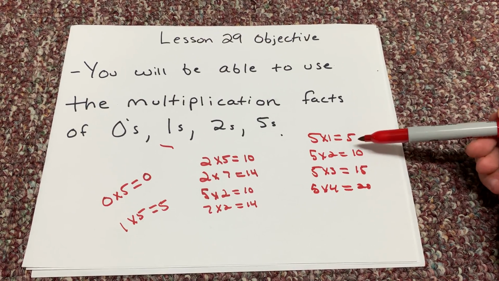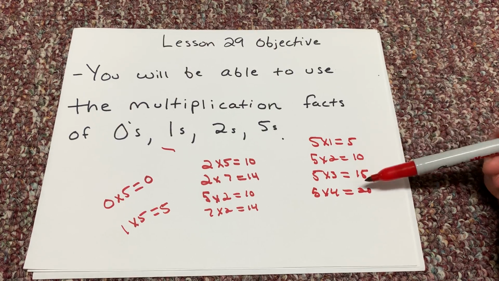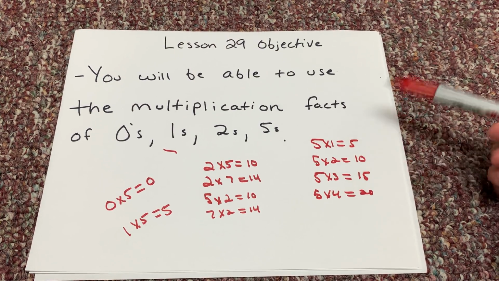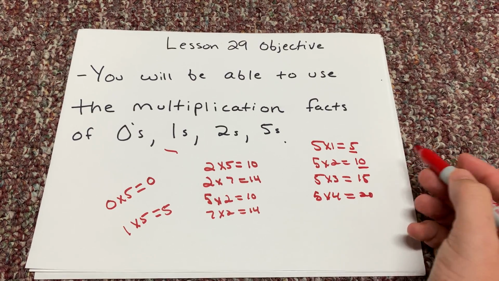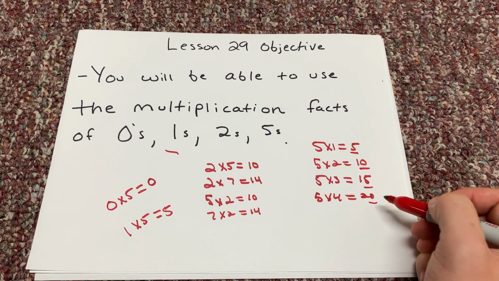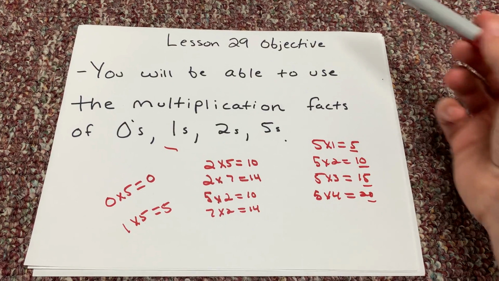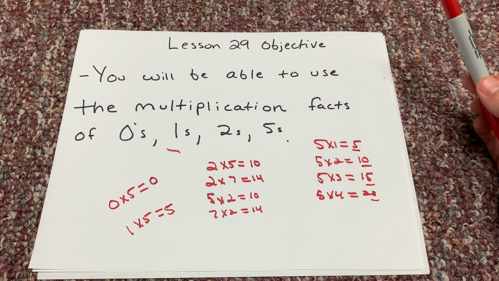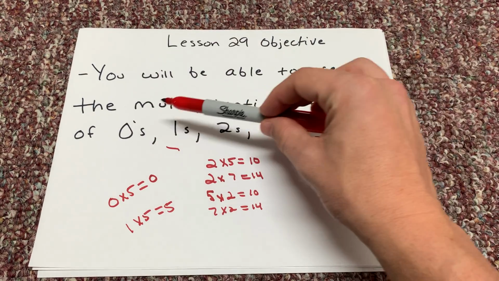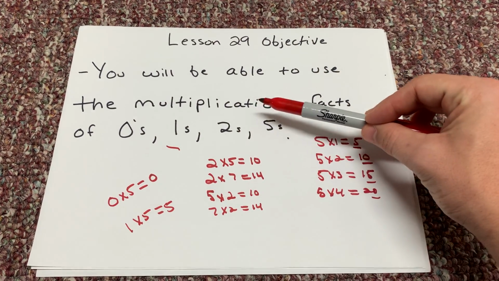So we have here 5, 10, 15, 20, which we had for our answer. That's that pattern of counting by 5s. And we know our multiples of 5 either end in a 5 or a 0. So today's lesson 29 was, again, being able to use your multiplication facts of 0, 1, 2, and 5.